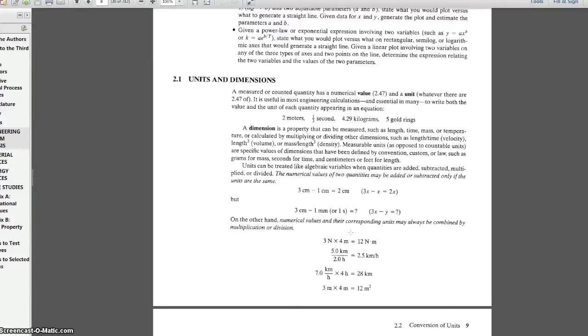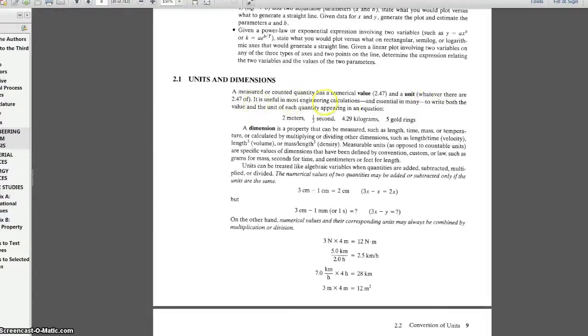This is on page 8. A quantity on page 8 is a measured or counted quantity that has a numerical value and a unit, whatever they are.